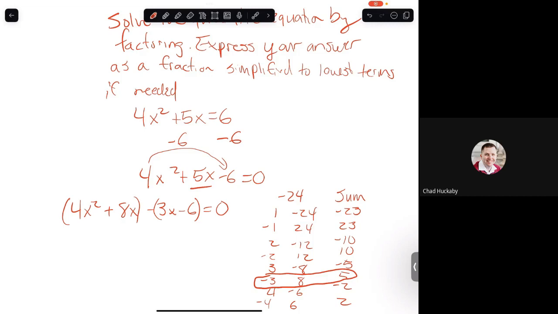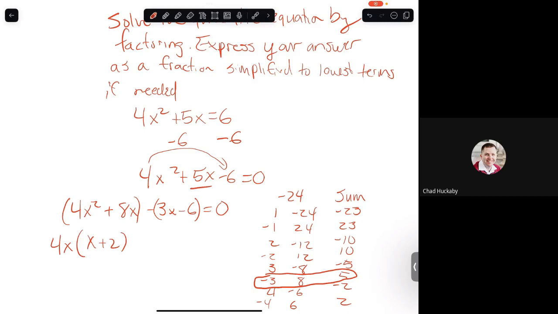So out of the first two, we can factor out a 4x, and we're left with x plus 2. And then in the second one, we'll want to factor out an x plus 2. So what can we get? Have I not written something down right?